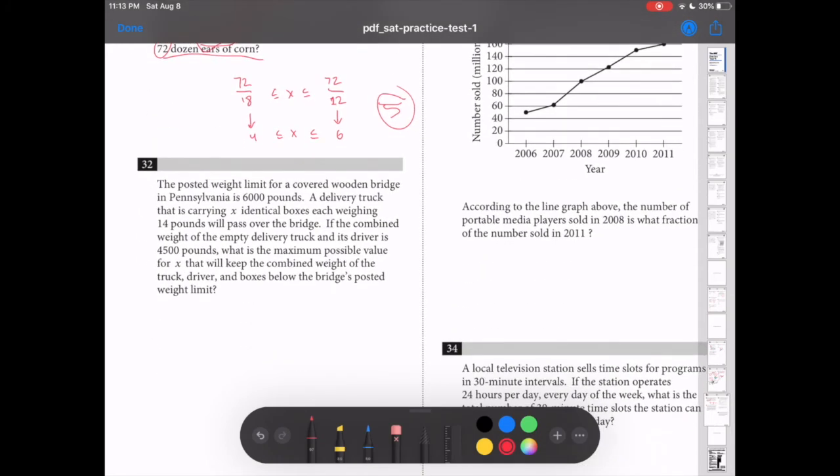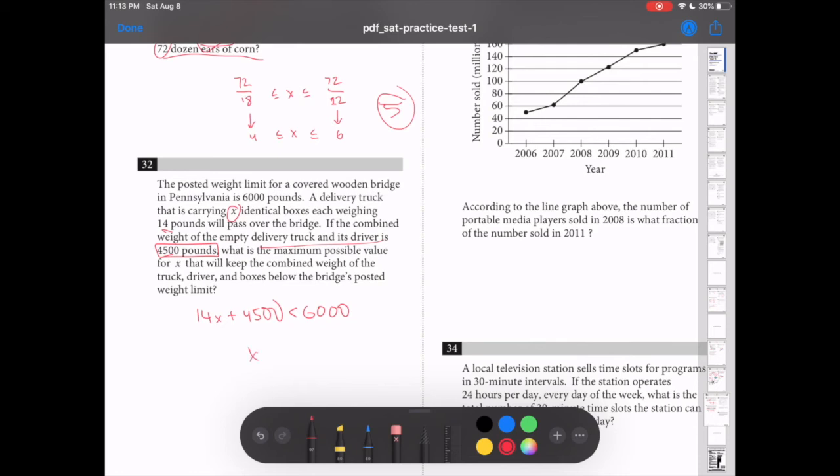Question 32. Writing a linear equation. All we need to do, once again, is convert the English to the math. 14x plus 4,500. So 14 pounds per box, x number of boxes, 4,500 is the truck and driver. That's a constant, and that has to be less than 6,000.